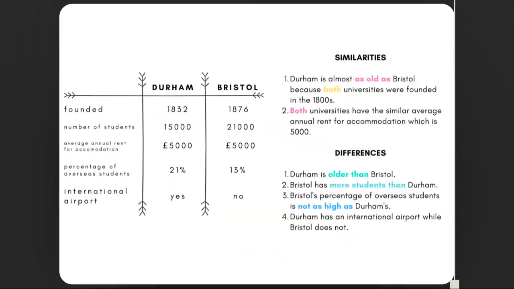And in this case, the adjective that is used is as old as. All right, as you can see stated in the example, Durham is as old as Bristol, and it is followed by the reason why both of them are old. All right, and because both universities were founded in the 1800s.